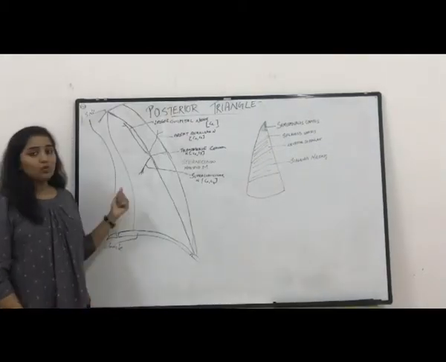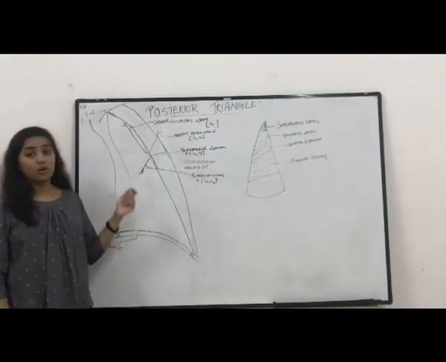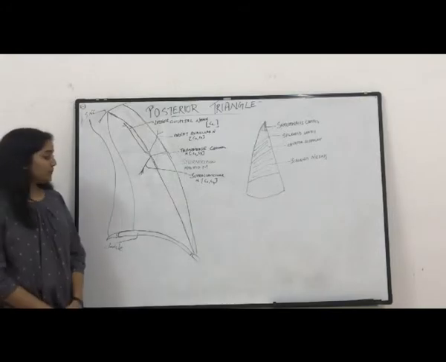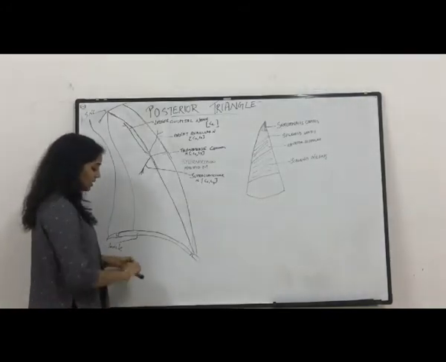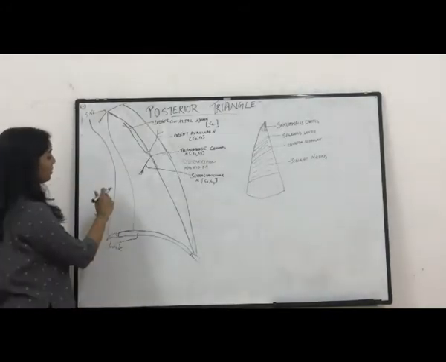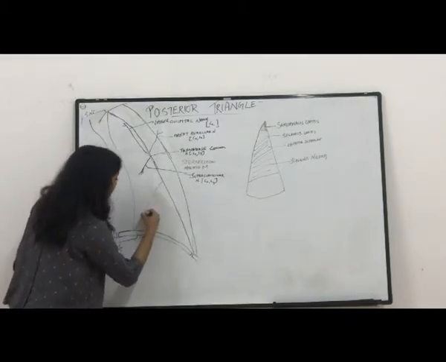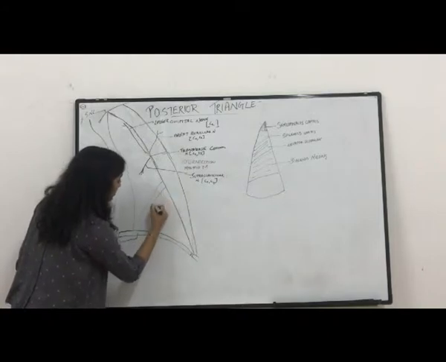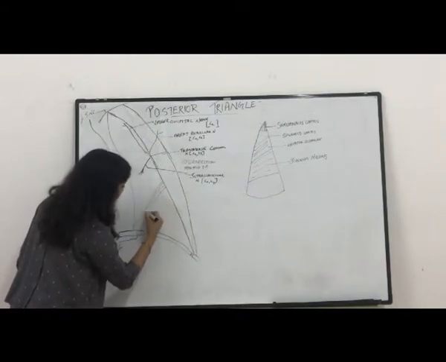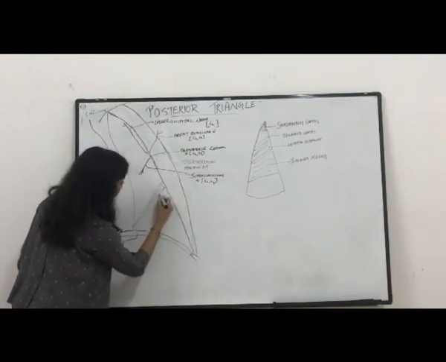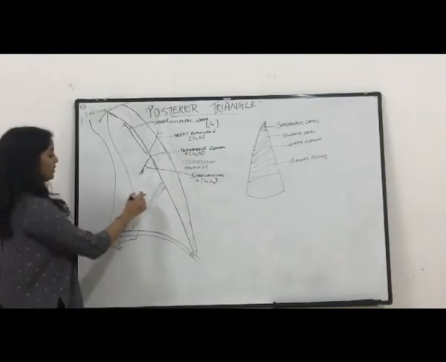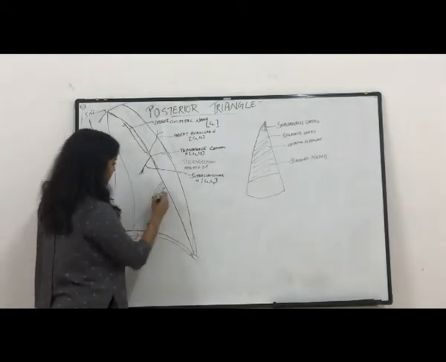Okay. So now we'll go for the subdivision of the posterior triangle. The posterior triangle is subdivided into two parts by the inferior belly of omohyoid. This is the inferior belly of omohyoid.